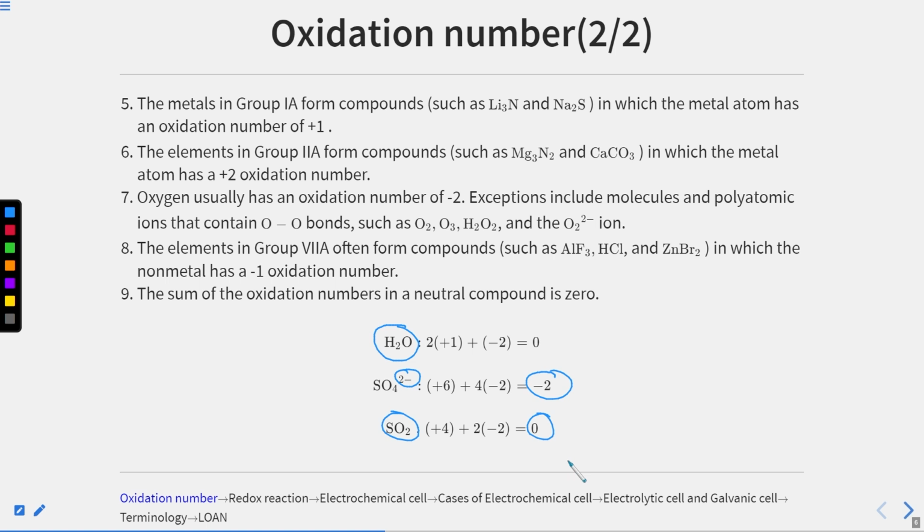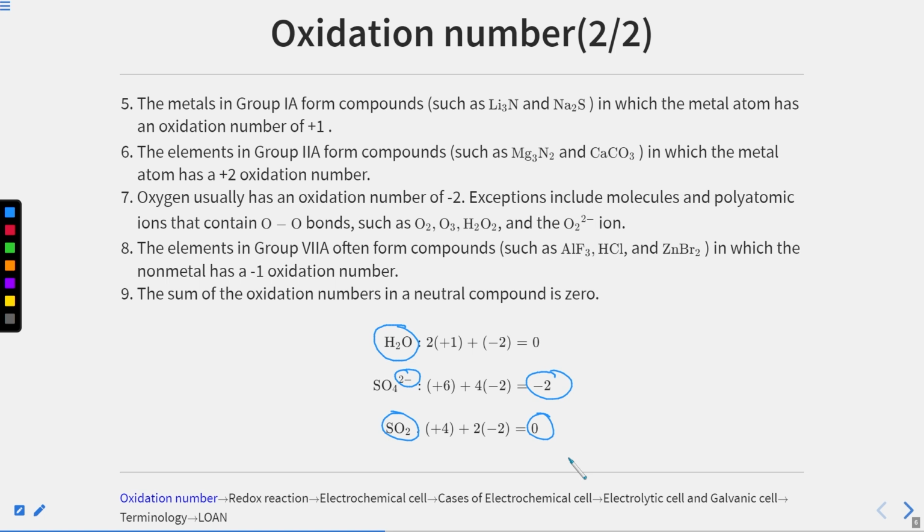One more thing I want to mention here is that if someone's oxidation number is unknown, suppose there are 3 elements in a compound, and you know the oxidation number of 2 of them exactly, then you should assume the third element, whose oxidation number you are unaware about or confused about, as X. Then add the overall charge and make it equal to the charge on the whole compound.